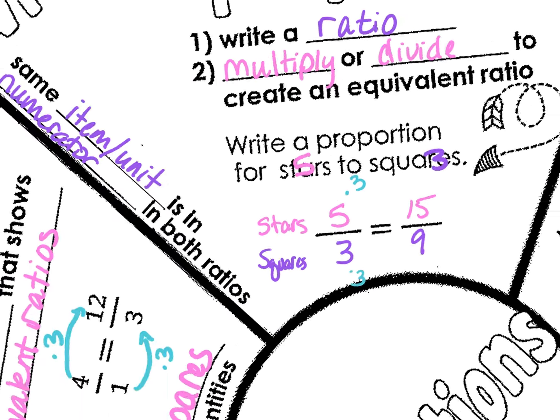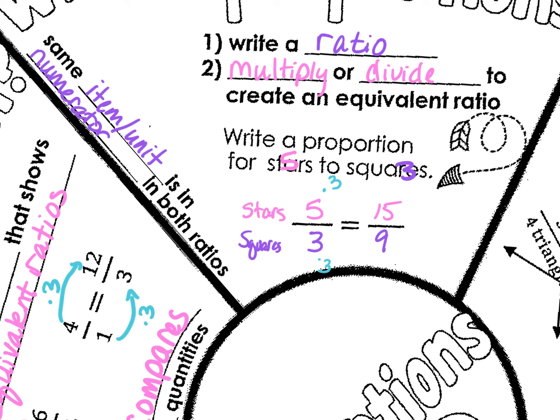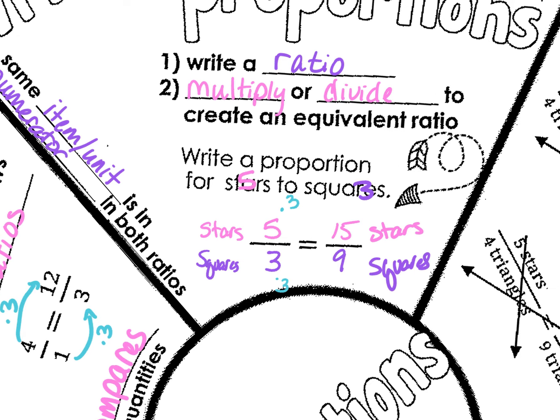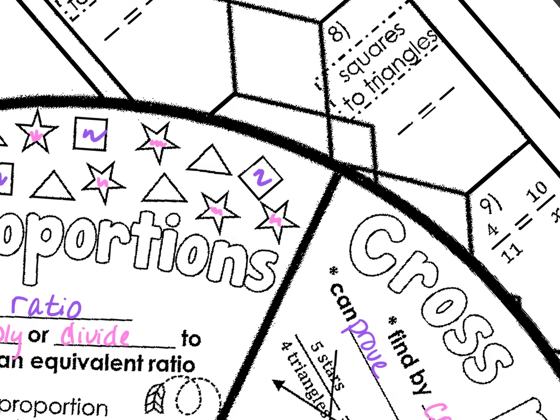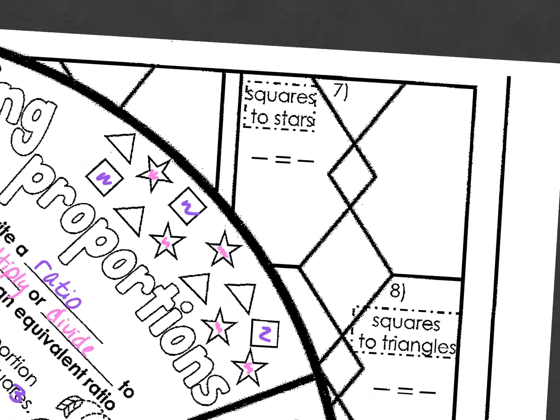So what that is saying over here is that this is still stars, and then this is squares. Okay. Now let's go ahead and look at that up here. There's some on the side here we're going to work at and practice.